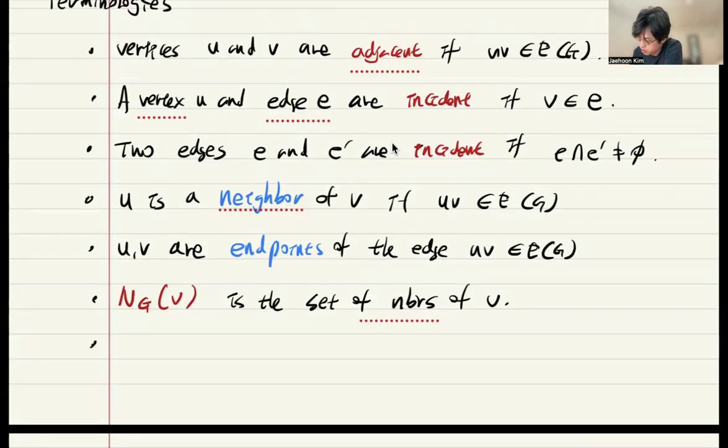And we often omit this G if the graph G we talk about is clear from the context. We just write N(V).